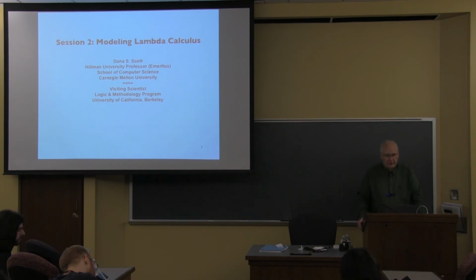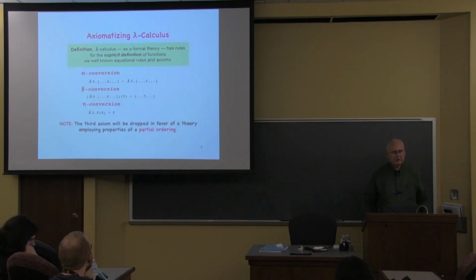What I'm going to do now in the next two sessions is to show what can happen when you try to model these things and what kind of structures you can get into these models that might be useful for something else. So it's modeling the lambda calculus now.